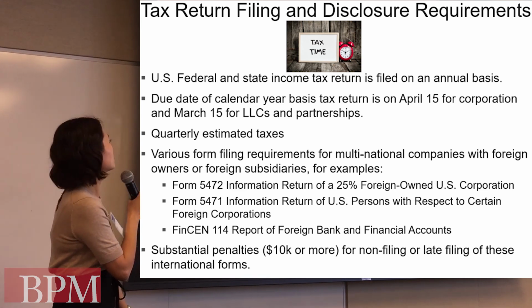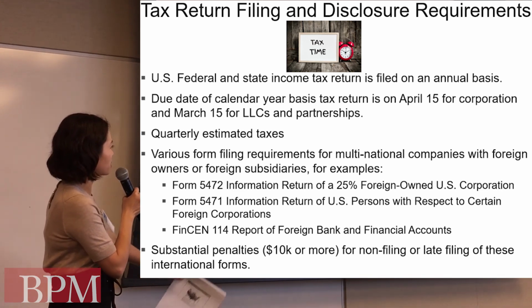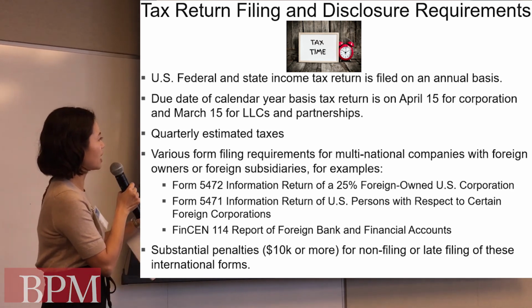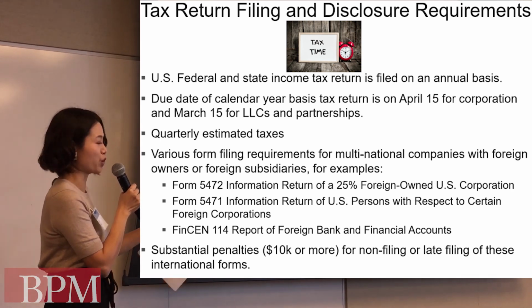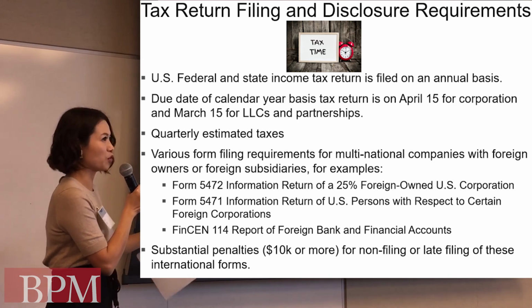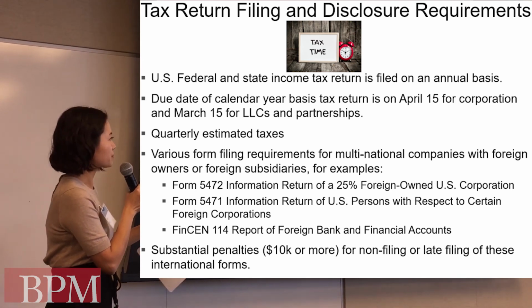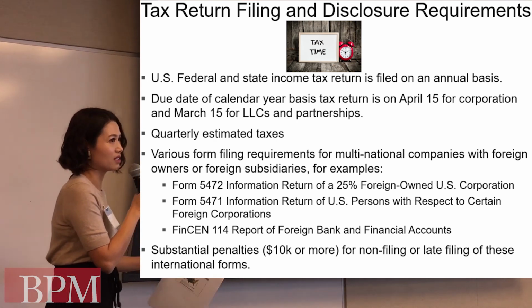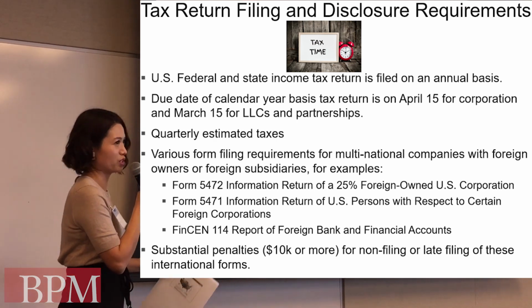It is very important to file these forms because there are substantial penalties. Usually it's $10,000 or more per form per year if you file late, or if you missed it, it's $10,000 per form per year.